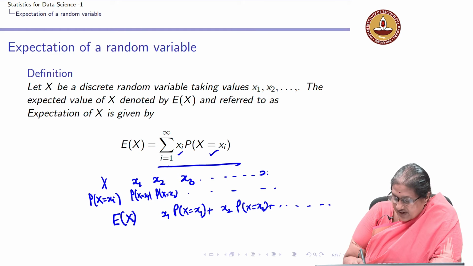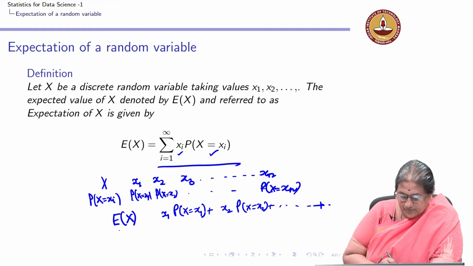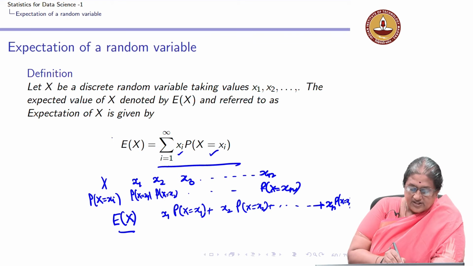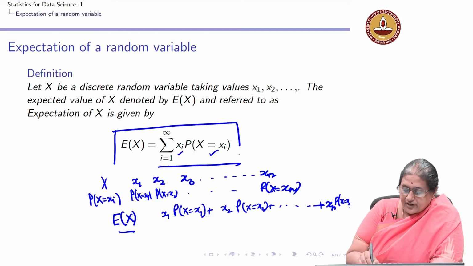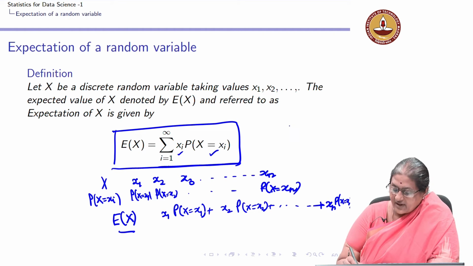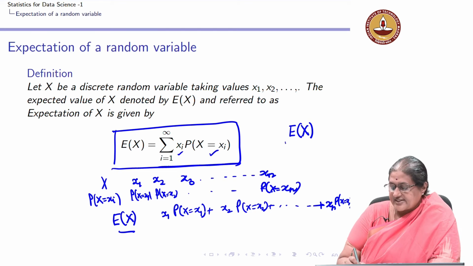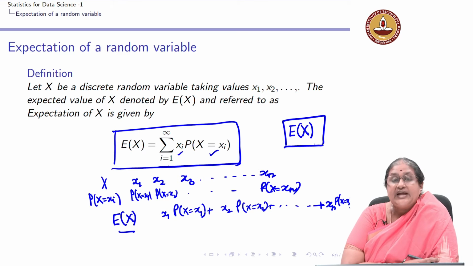If x takes a finite number of values with the same probability, then the expectation of x is the sum up to xn into probability x equal to xn. So, this is what we refer to as the expectation value of a random variable. We also refer to it as expectation of x, and it is denoted by E of x.